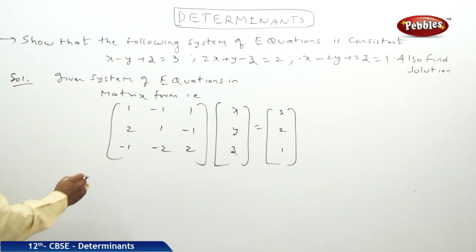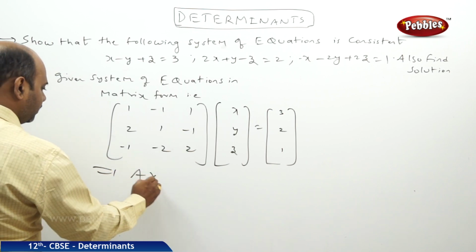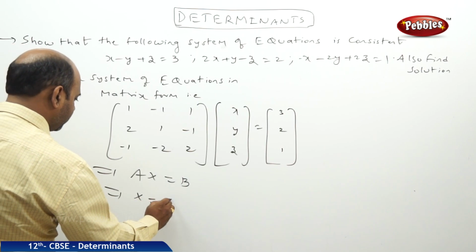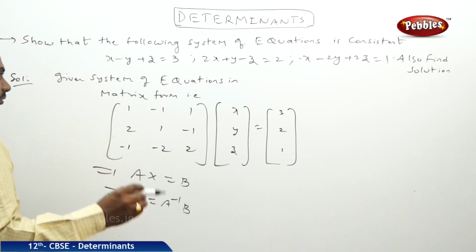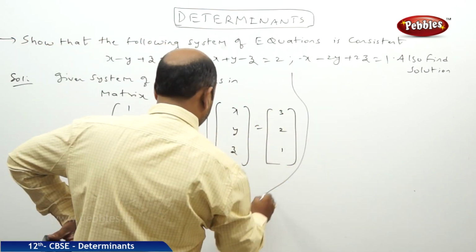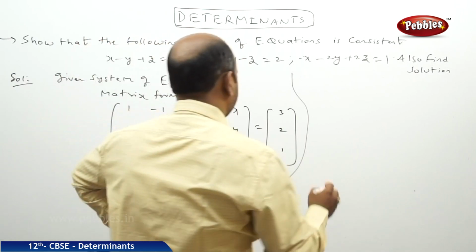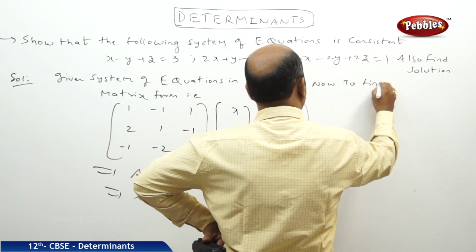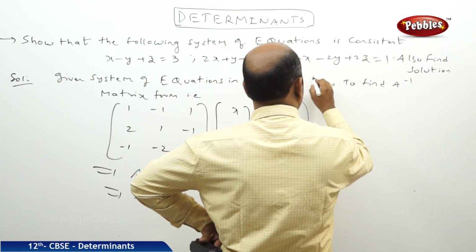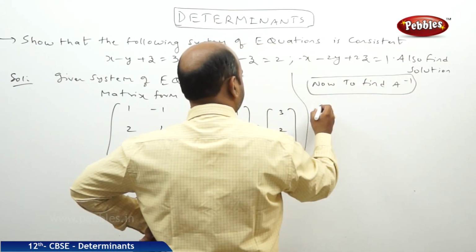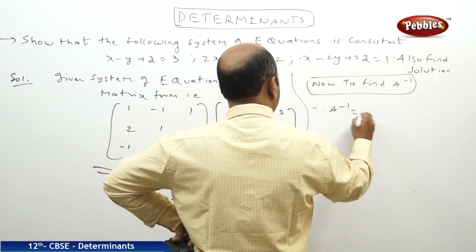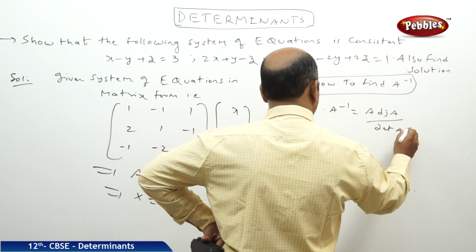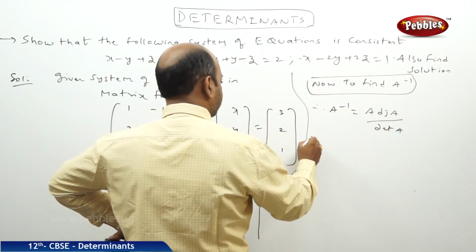So finally this is of the form Ax is equal to B, that means x is equal to A inverse into B. To find A inverse, A inverse is equal to adjoint A by det A, and it all depends upon det A.